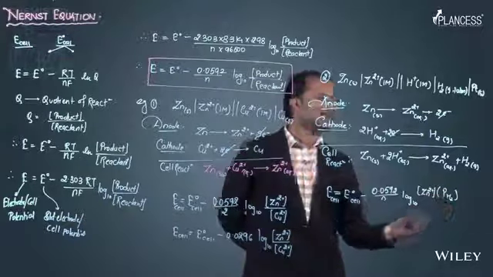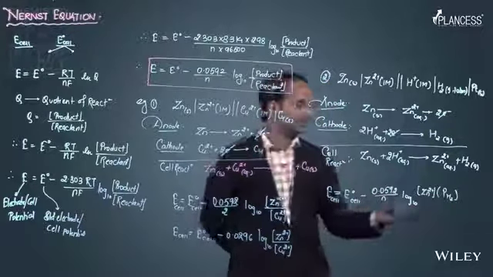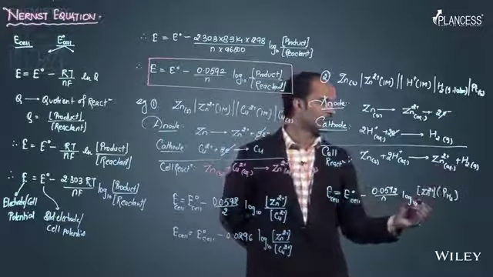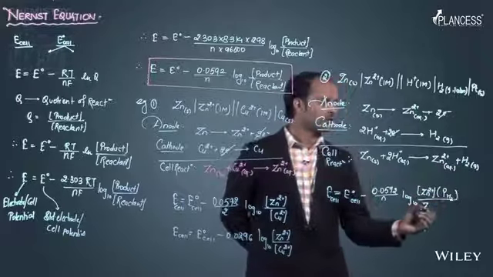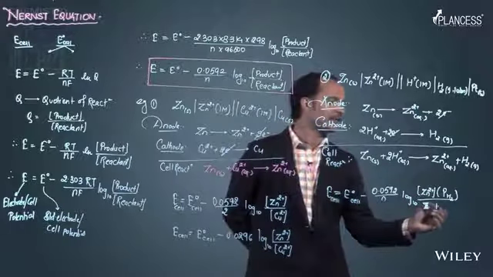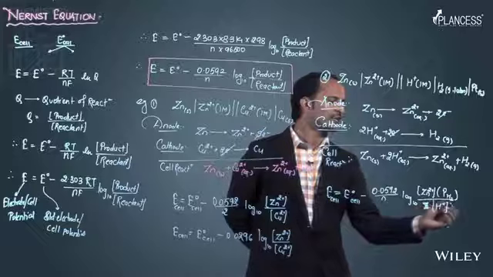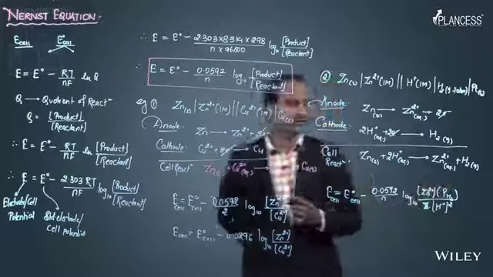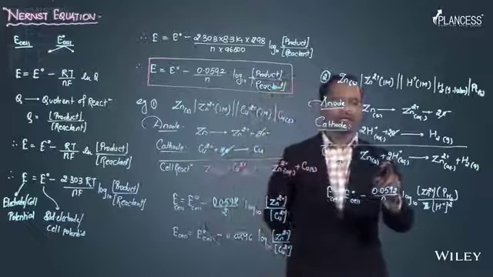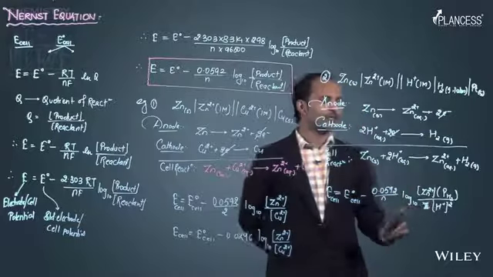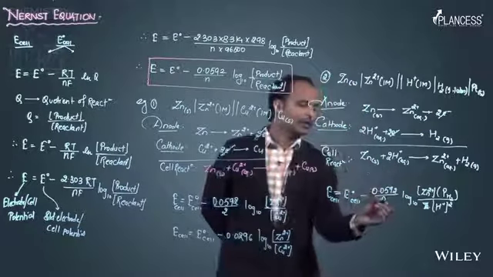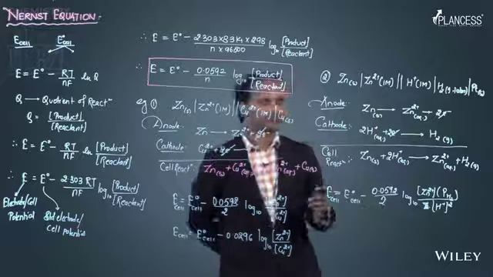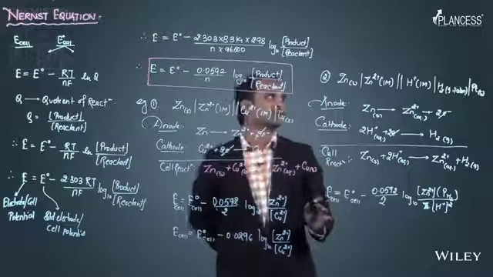As I said, if there is any gas, then its pressure is also considered. Both products are considered, upon the concentration of only the H plus ion, and if there are any coefficients, then that coefficient is always raised to a power. Here the H plus has a coefficient of 2, so it will be H plus ion squared. And here the N value is 2. So this is for the second one.